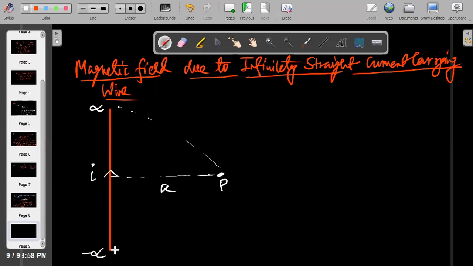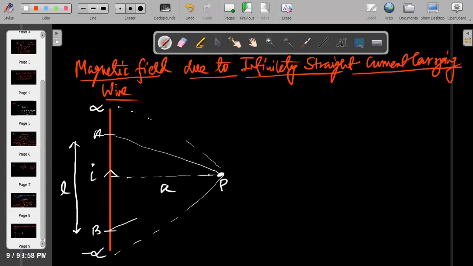There will be some angles. In the previous example, this length was L, and these two angles, phi 1 and phi 2, are changing.